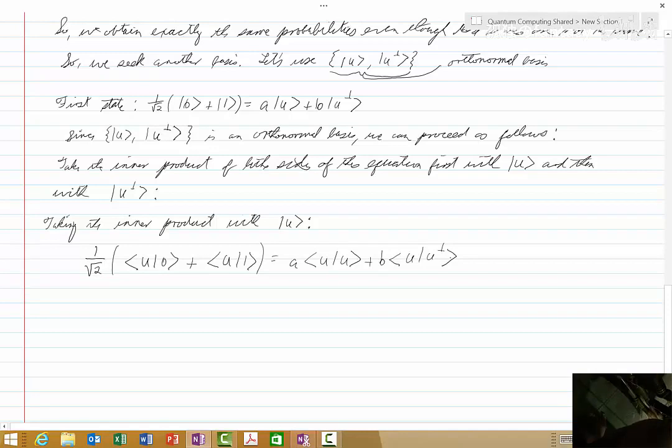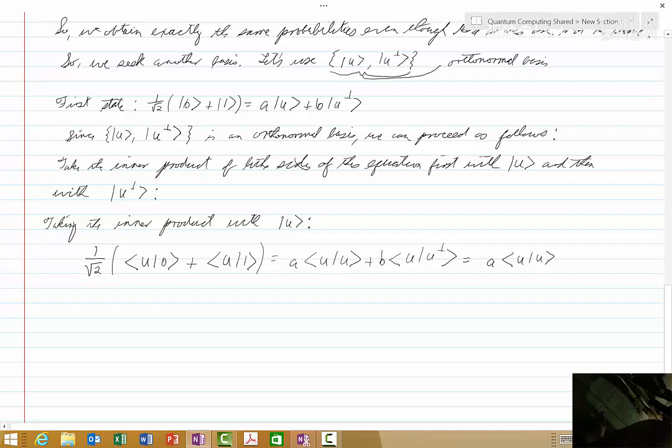Now, why is this such a convenient thing to do? Well, because remember that here u and u orthogonal are orthogonal vectors, which means that the inner product of these two is 0, and therefore we simply get a times the inner product of u with itself.